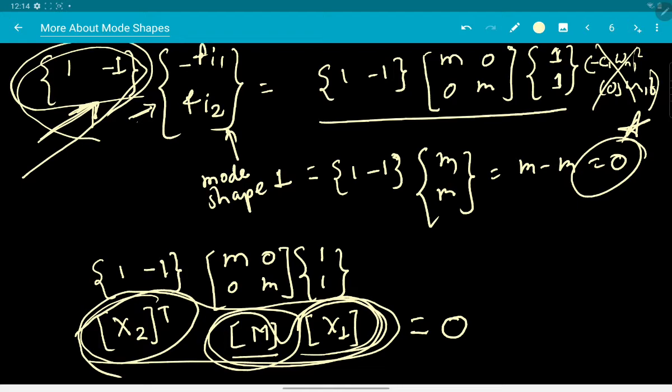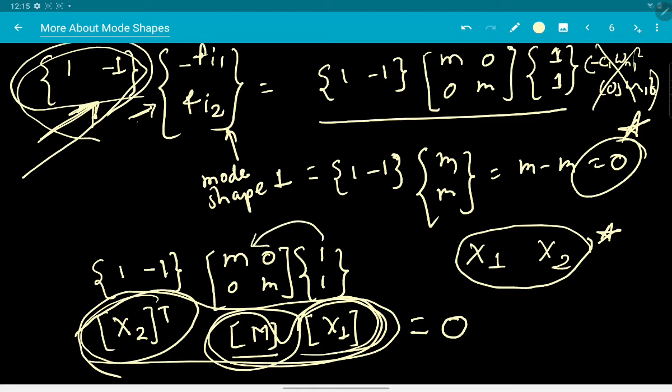This is called orthogonality of mode shapes. Mode shape number 1 and mode shape number 2 are orthogonal to each other when considered along with the mass matrix. That is, x2 transpose m x1 equals 0.